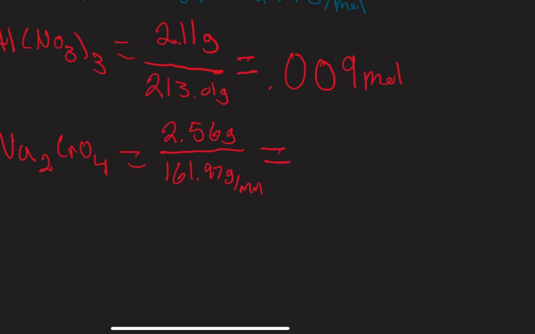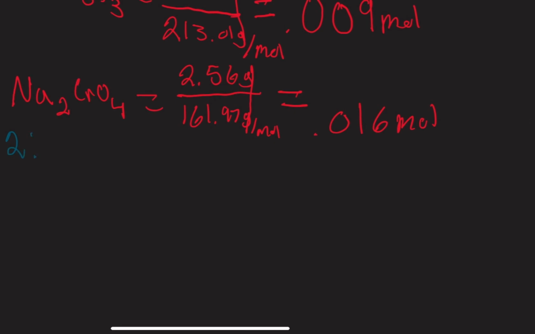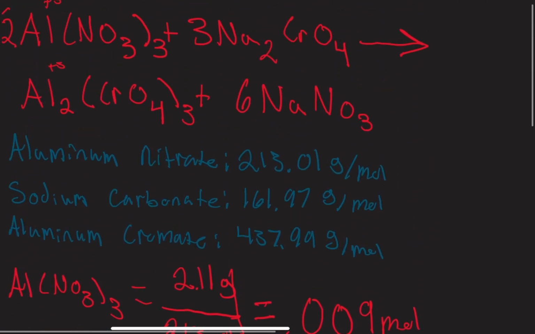And when we calculate that, it's going to be 0.016 moles, because the grams cancel out on bottom and top. But before we can move on, we need our mole ratio, which is 2 to 3. That's because if we come up here, we have 2 aluminum nitrate and 3 sodium chromate.